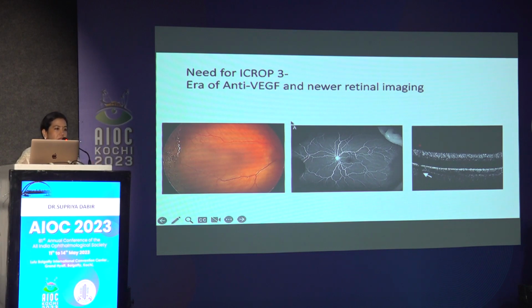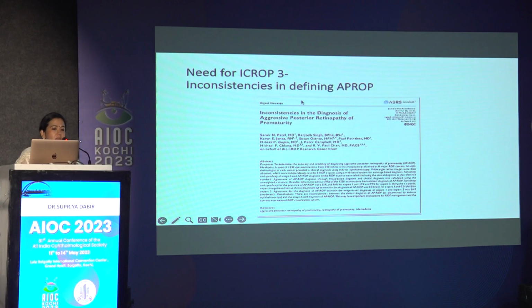It's the new era of anti-VEGFs now, and there are newer retinal imaging systems. With the wide angle viewing systems, we're able to capture images till the ora. We're able to see these avascular retina till the ora, and we also have the OCT of the macula in these premature babies. There were also some inconsistencies in defining APROP.